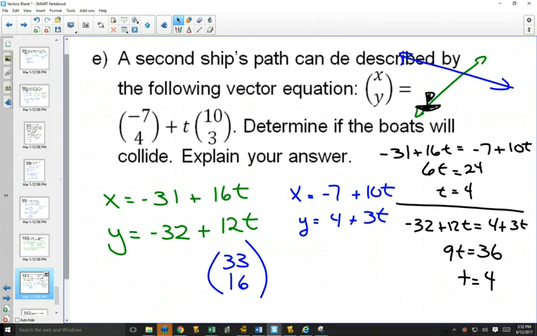There's our boat on the green path, and, ooh, purple boats. There we go. So we got going this way, going this way, right? And according to their equations, it could have happened that they cross, right?